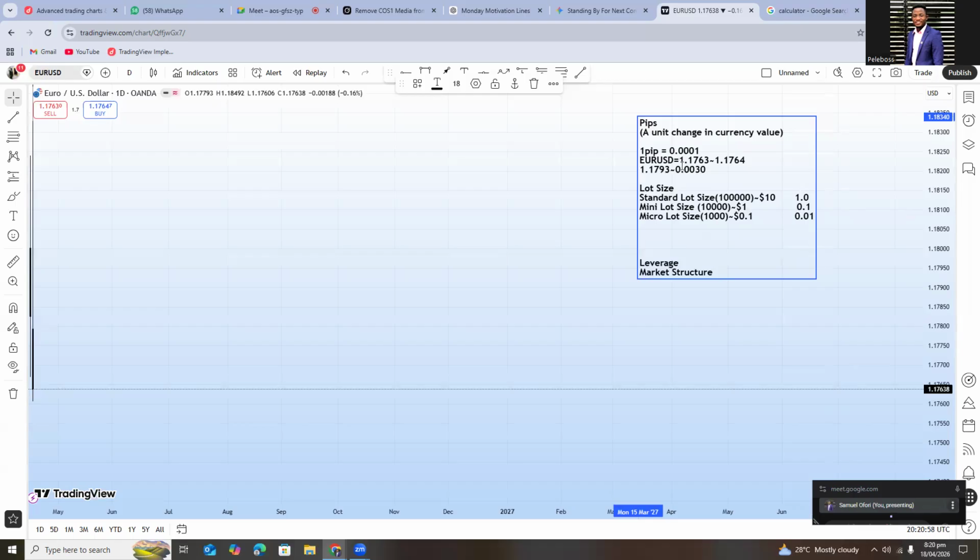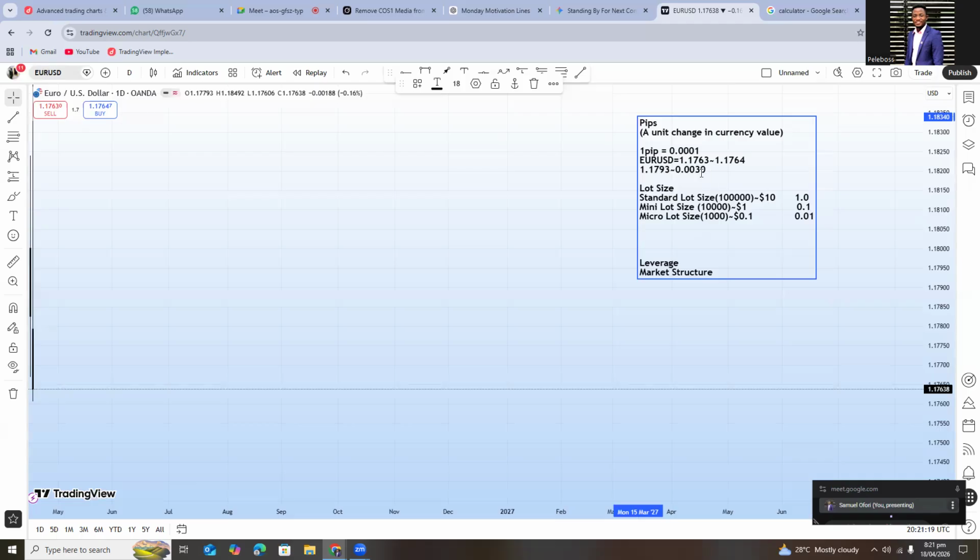Okay, so if someone is trading with 1.0 lots and the asset, let's say they bought EURUSD, and then the market appreciates from 1.1763 to 1.1793, which we have established is an appreciation of 30 pips. What it means is that the person has made what? You multiply the 30 pip difference by the pip value, which is $10.